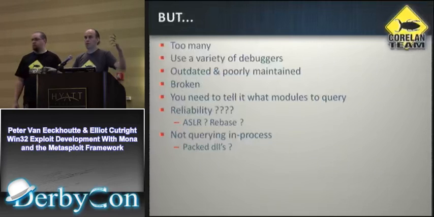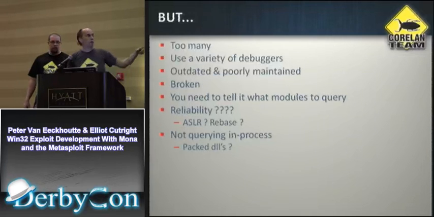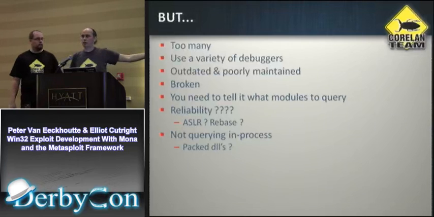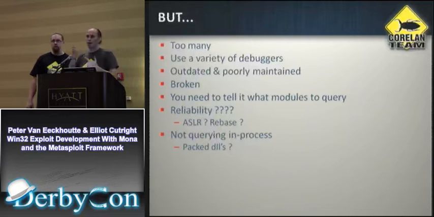If you haven't noticed that it's packed, it's not going to return anything valuable to you. It might return pointers because it discovered a series of bytes in the file, but they won't be reliable because the contents of the DLL are going to change as soon as it gets loaded and unpacked in memory.